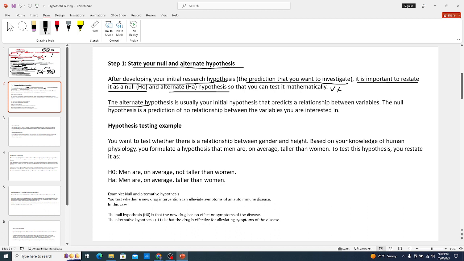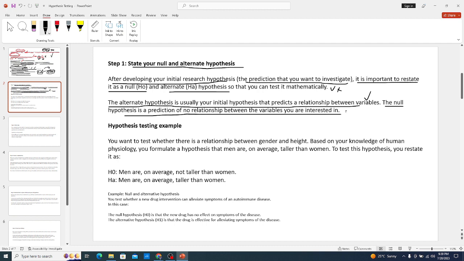The alternative hypothesis is usually your initial hypothesis that predicts a relationship between two variables or between two statements. The null hypothesis is a prediction of non-relationship between the variables you are interested in.